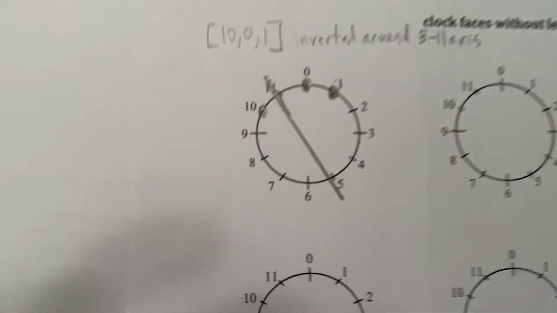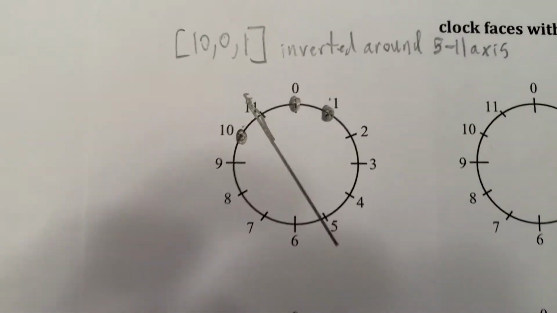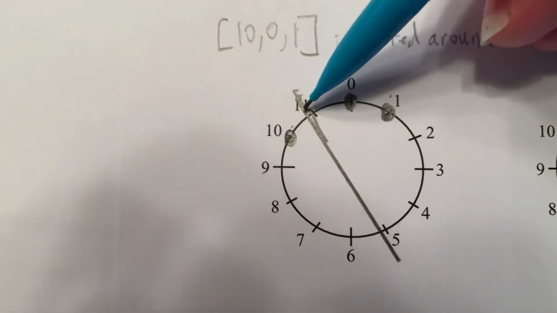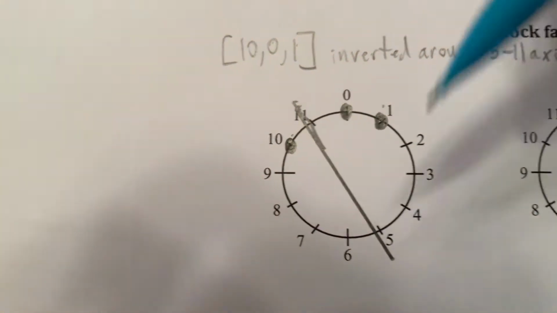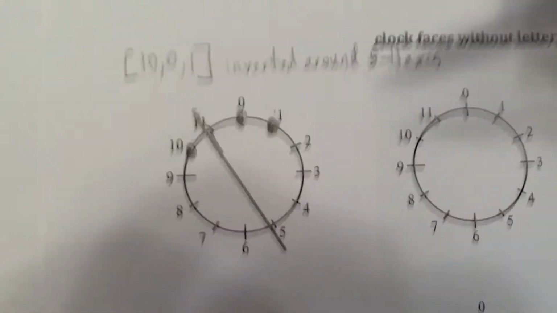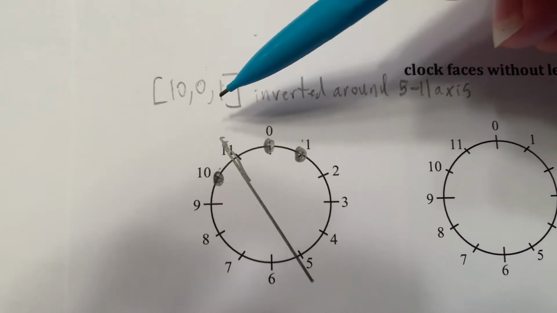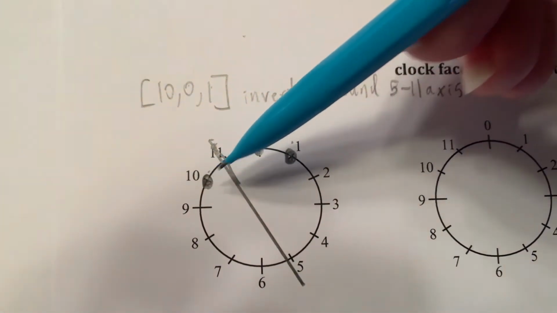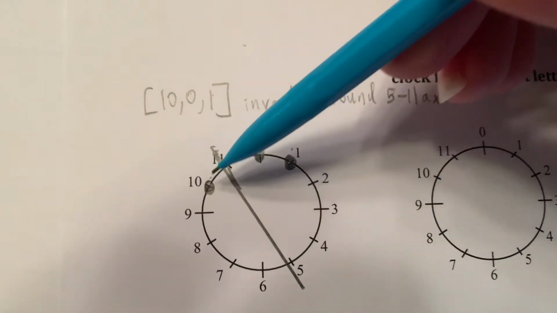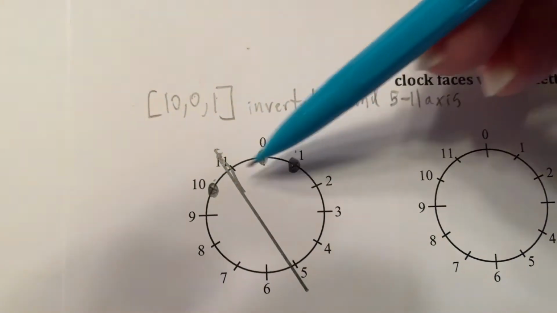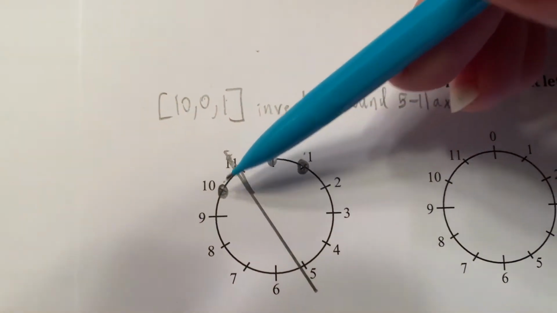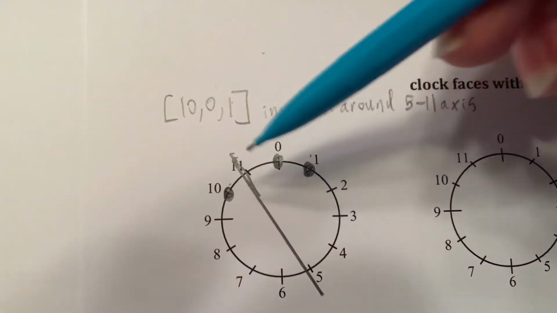Sorry, I wanted to draw that with a ruler. All right, so going through 5 and 11, that should have gone through the note 5. Anyhow, so what is this going to mean? Basically, what I'm going to do is take every note in my original set and move it equidistantly to a spot in the other set around the axis of symmetry.